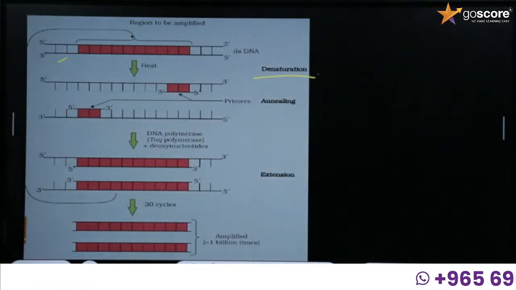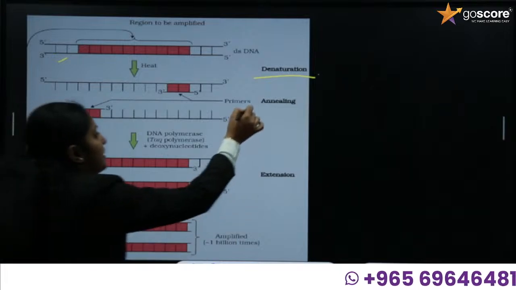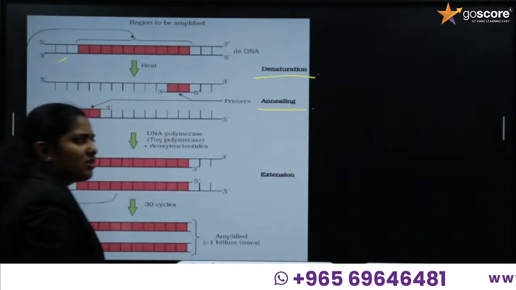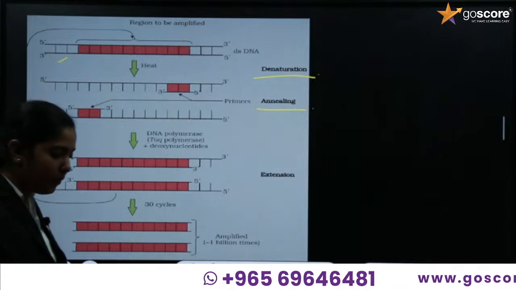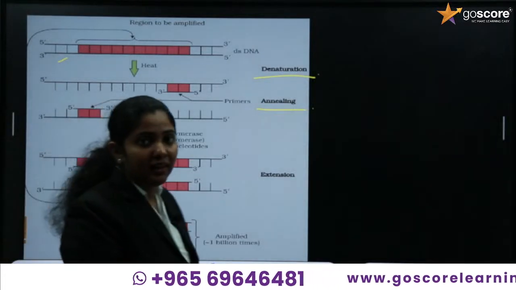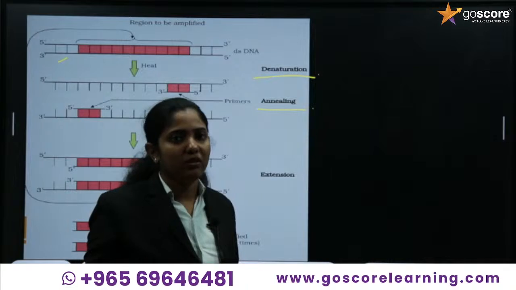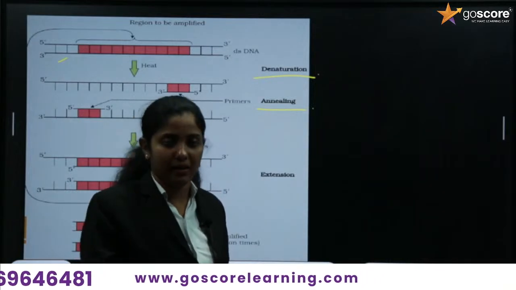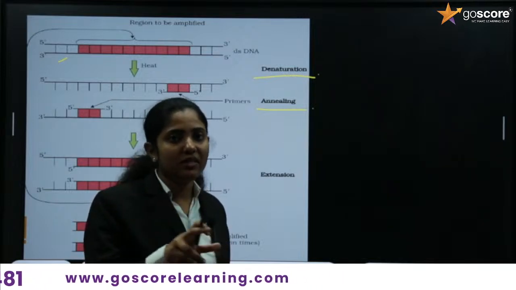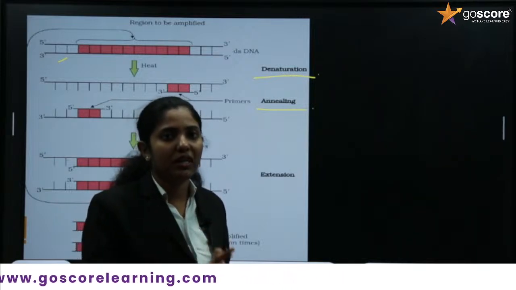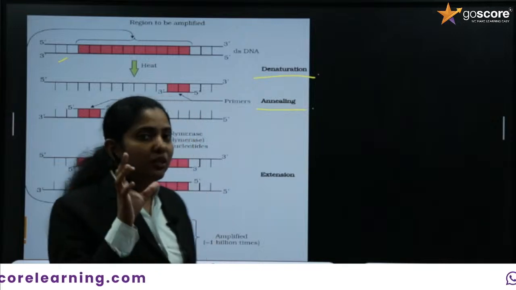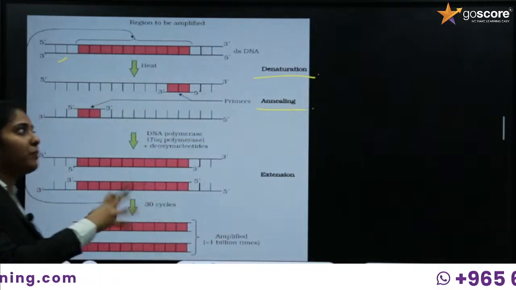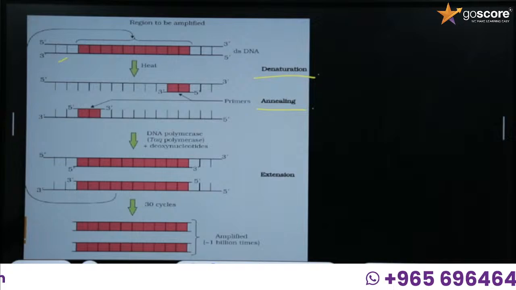Then what is the second step? The primers have to be added. For a polymerase to act, first of all there should be primers. With the primers only, the replication can be started. This we have learned in the previous chapter, molecular basis of inheritance, replication. After the action of primers, the polymerase can act.